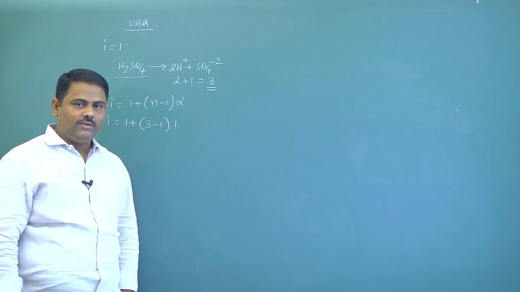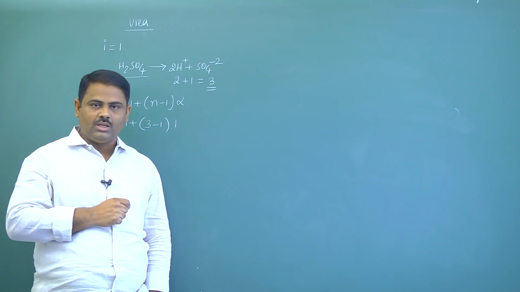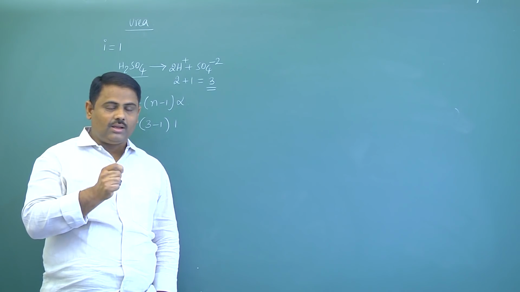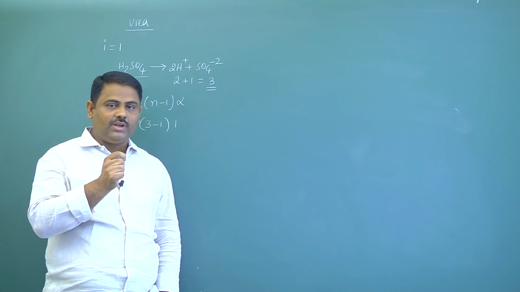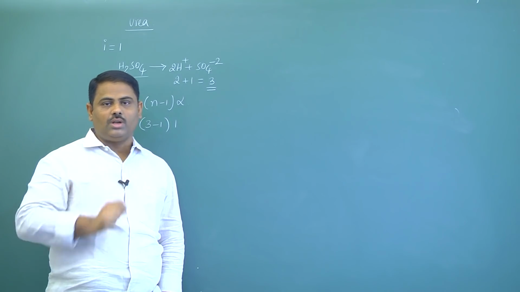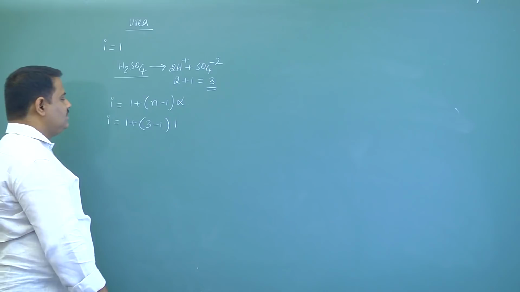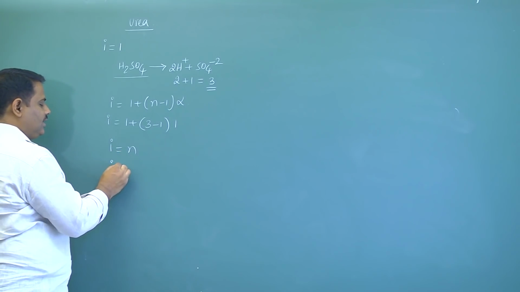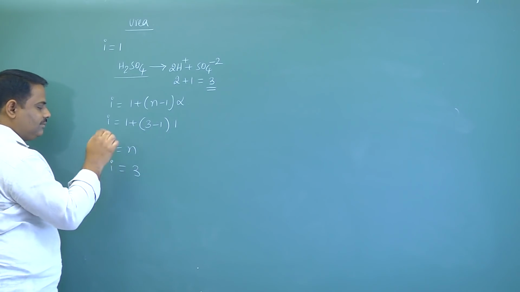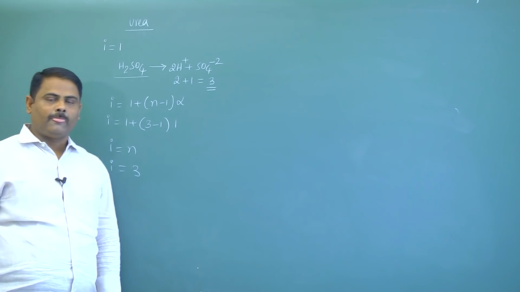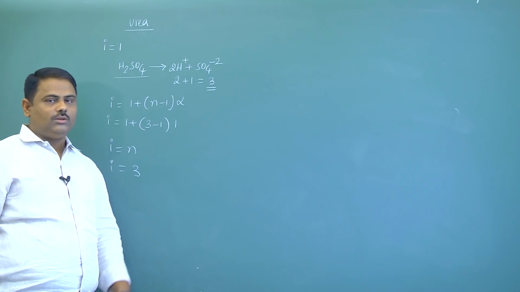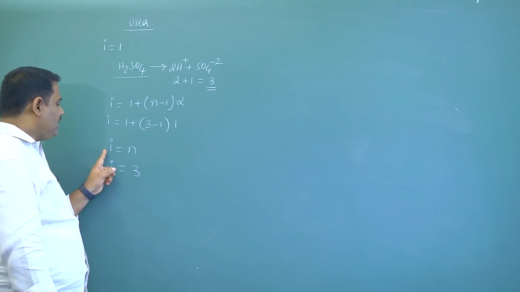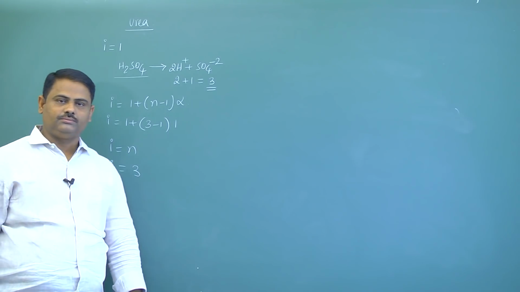I will repeat, if alpha is 1, or if alpha is not given in the problem, assume the given electrolyte is a strong electrolyte, and here simply you can say I is equal to n, that is I is equal to 3 here. So for any strong electrolyte, there is no need of alpha. That is why I is equal to n.